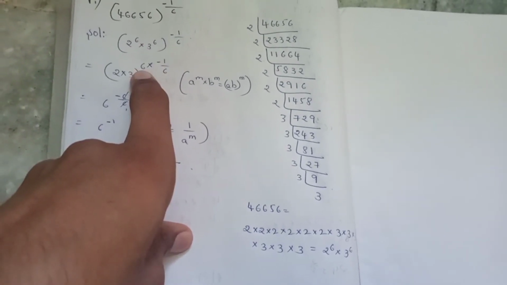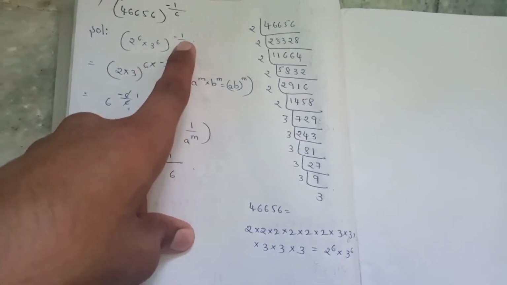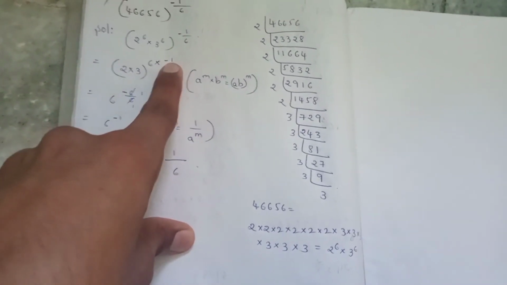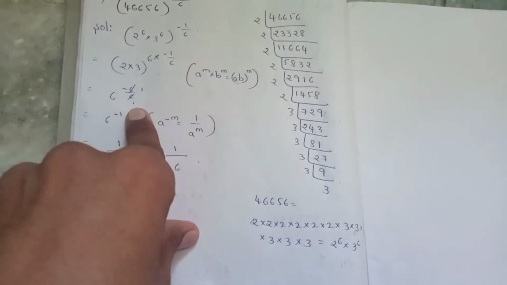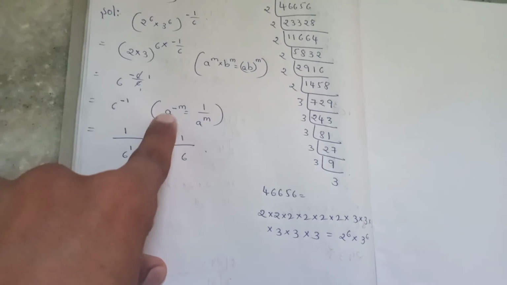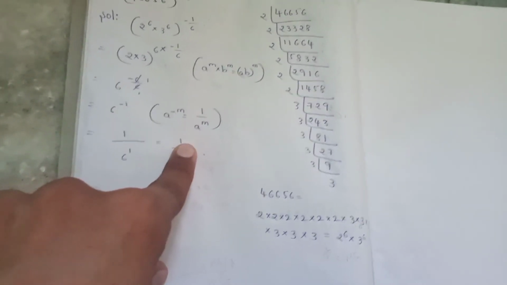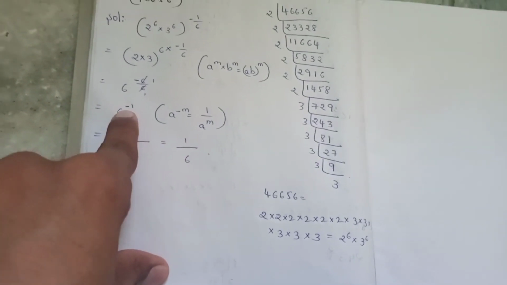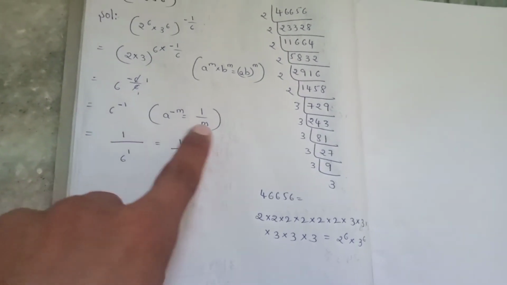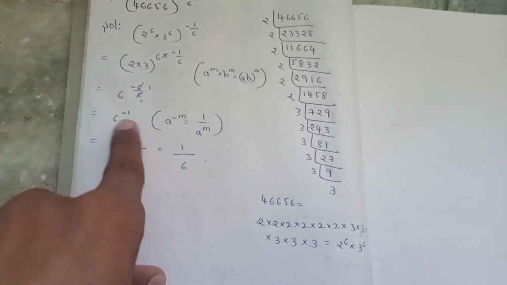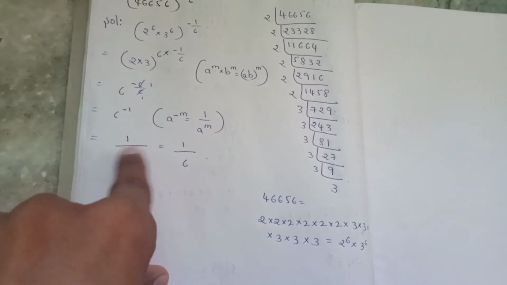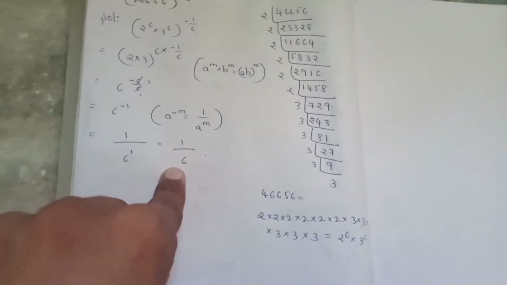The same power is present here, we have to write only once. 6 into minus 1 by 6. 2 3s is nothing but 6. 6 into minus 1 by 6. 6 1s are 6. 6 power minus 1. a power minus 1 is equal to 1 by a power m. If the exponent is negative, we have to write 1 by a power m. Here a means 6, m means 1. We have to remove the minus. 6 power 1 is nothing but 6. 1 by 6 is our final answer.